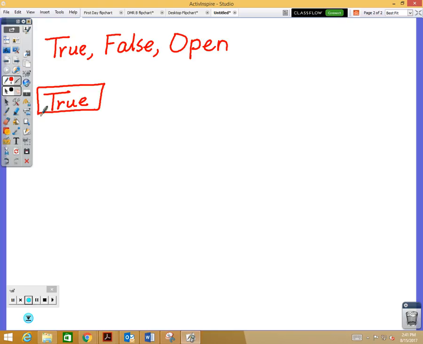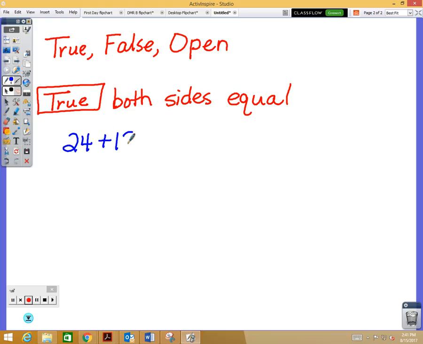True equations have both sides equal. Same thing. An example of a true equation is 24 plus 18 equals 20 plus 22.